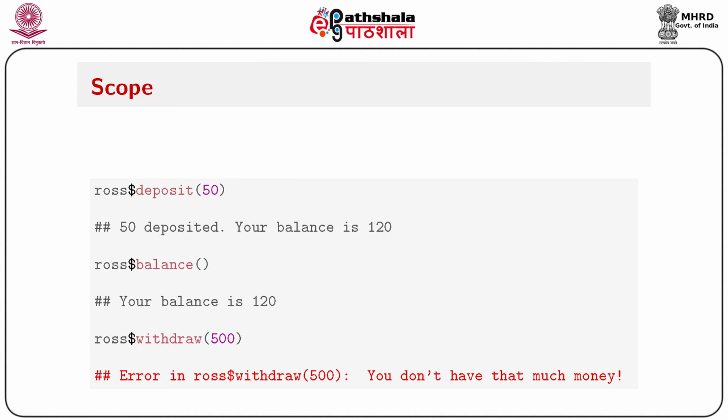Rose deposits 50, then the balance becomes 120, and Rose's balance is 120. If Rose withdraws 500, it is an error, you don't have that much money. So these are a few important aspects while you develop your own functions for your computations. Hope that will help to create your own functions in statistical computation.